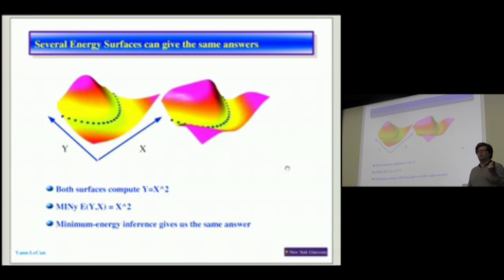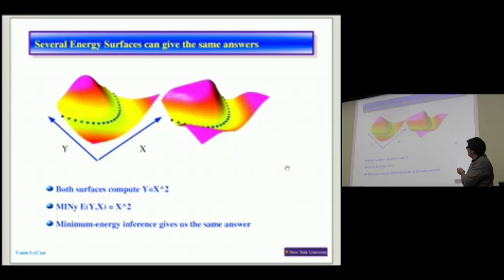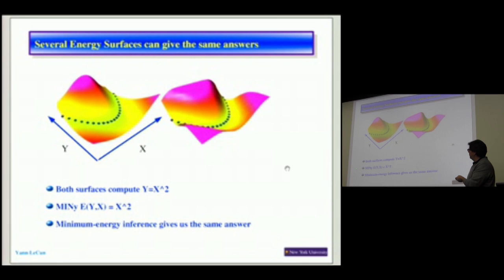If the mapping from x to y is y equals x squared, and I take a particular value of x and look for the value of y that minimizes the energy for that x, I find this point here, which corresponds to y equals x squared. Same for here, I get the same answer. So the minimization of the energy over y gives me the same answer for those 2 energy functions.